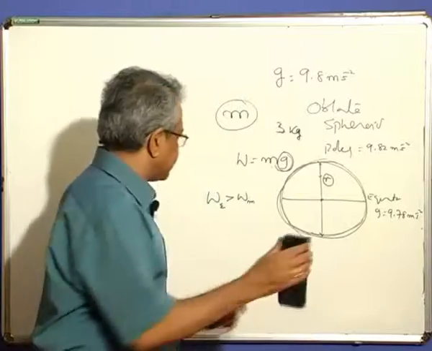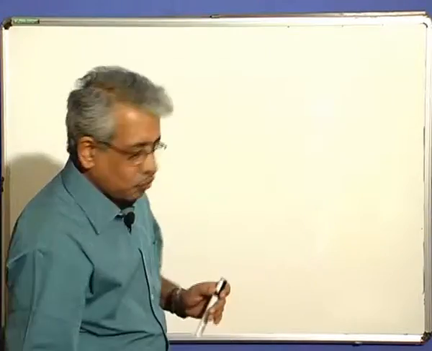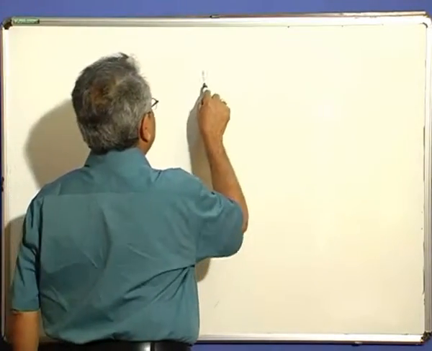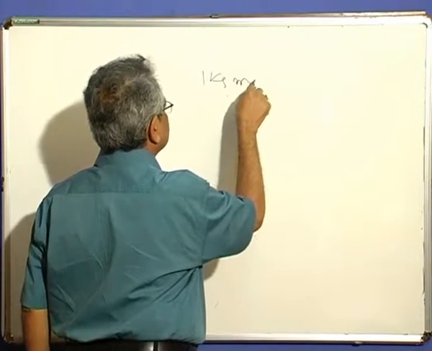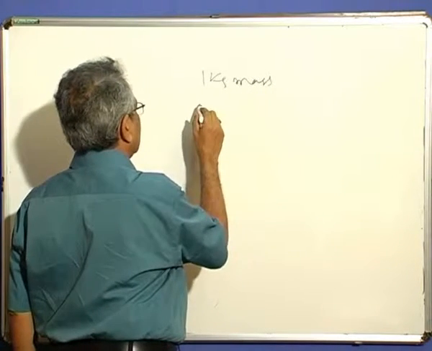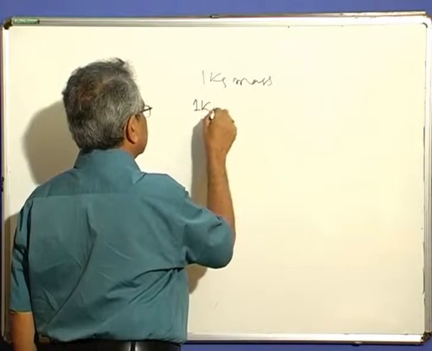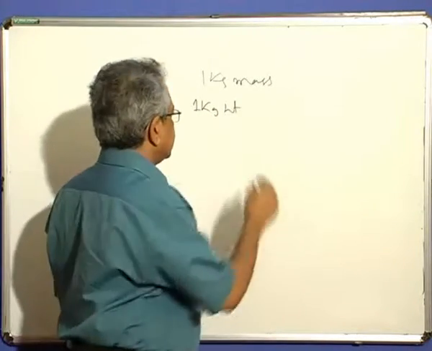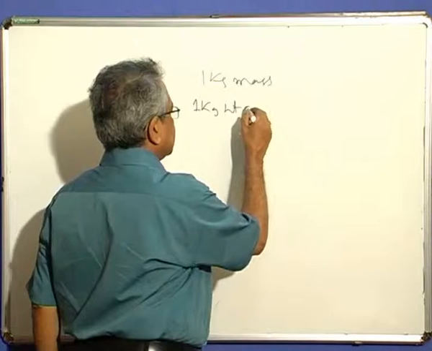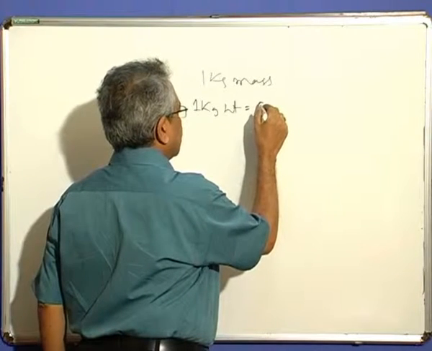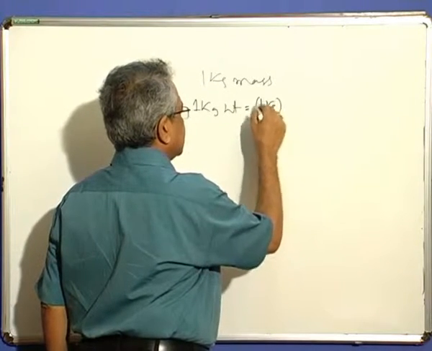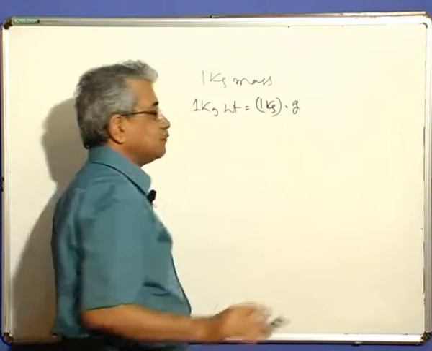Like for example, what is meant by the weight of 1 kg mass? What is 1 kg weight? 1 kg weight means 1 kg of mass into g. That's what it means.